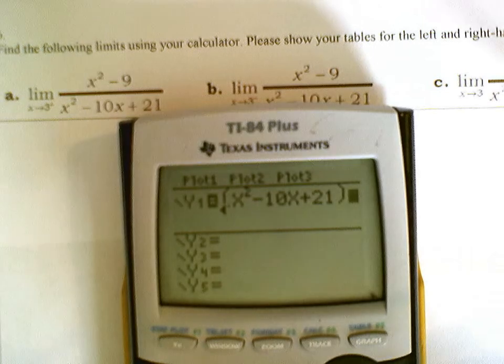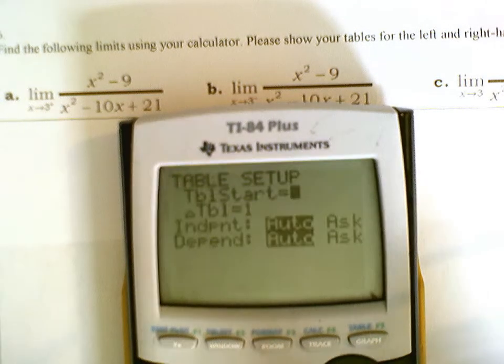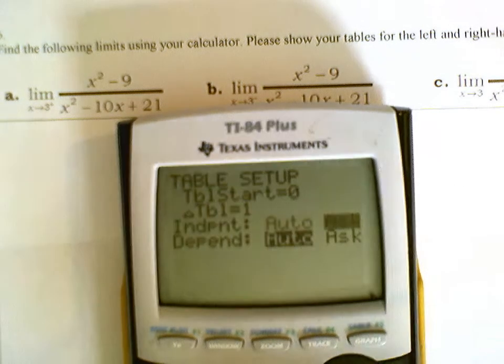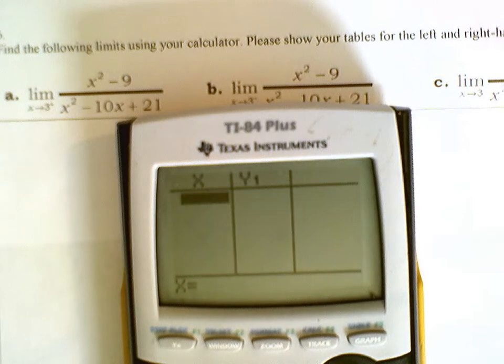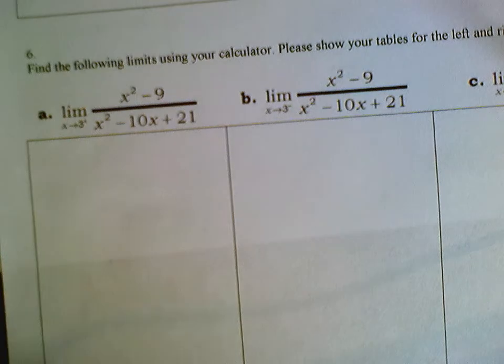I want to make sure that my table is set to ask for the independent variable. And I can go to my table and I will plug in the values. So before I do that, let me set up my tables. I'm going to use tables for the left and right hand limits.